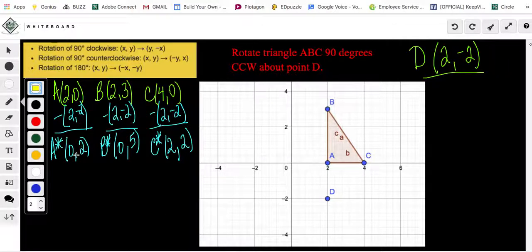We're just going to take our numbers that we came up with right here, switch them and make the Y negative. So for A, when we switch them, we'll get negative 2 comma 0. For B, negative 5 comma 0. And for C, negative 2 comma 2.